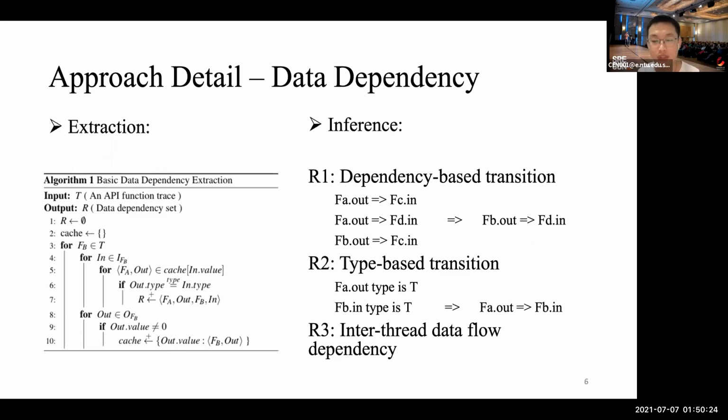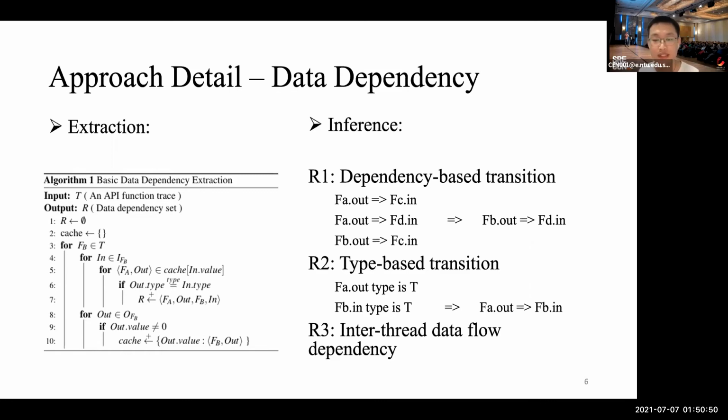Well, rule 2 is type-based transition. If we observed from the learned data dependencies that one of the output of FA is type T, and one of the input of FB is also of type T, we can guess that FA's output can be used as FB's input.